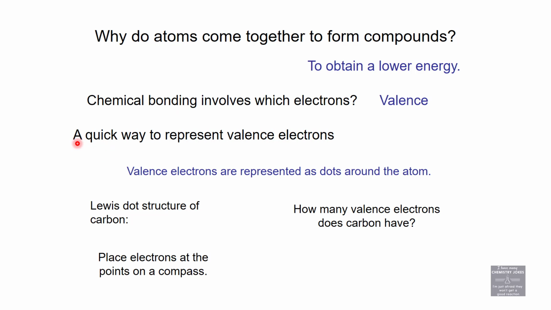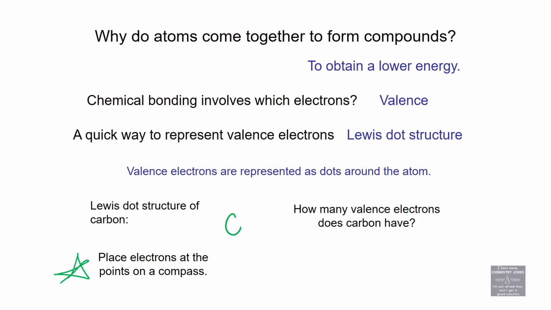And so we will represent our valence electrons with our Lewis dot structures. Lewis dot structures are basically simplified shell models. It's even simpler than the simplified shell models, but Lewis dot structures are simplified shell models. So if we're drawing a Lewis dot structure of carbon, carbon has 4 valence electrons.